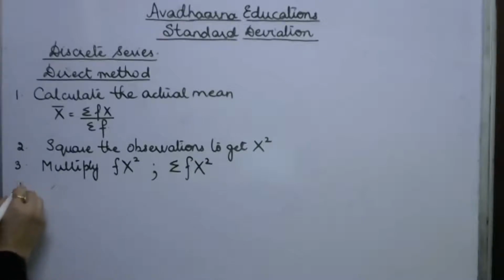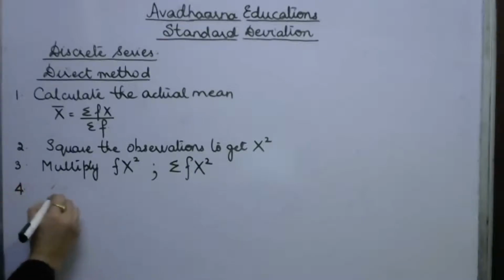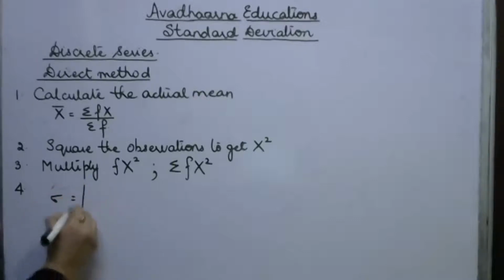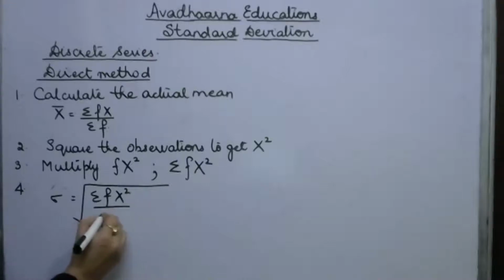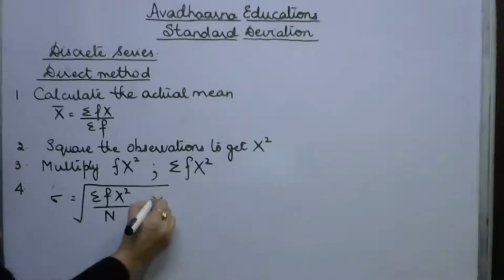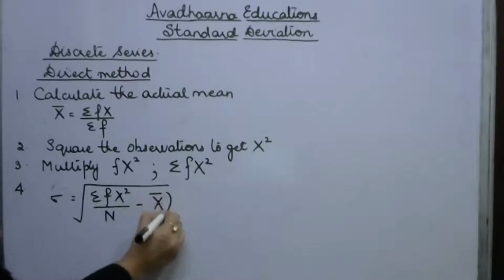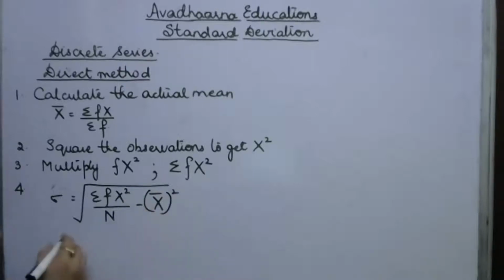Then the last step is apply the formula to calculate the standard deviation. It is under root of summation fx square upon n minus actual mean square, and n in this case is summation f.